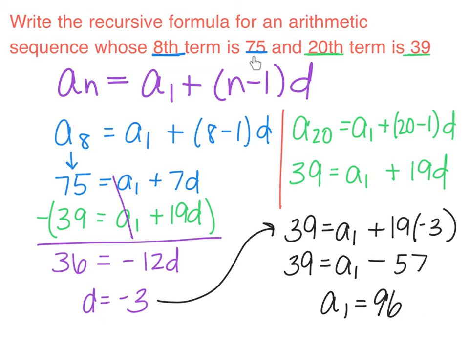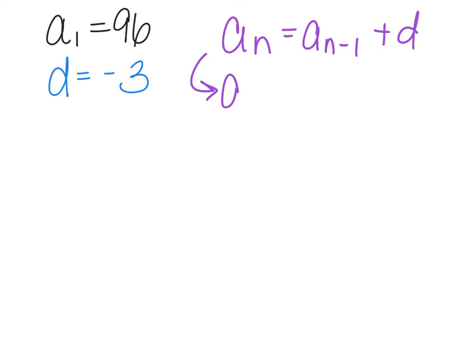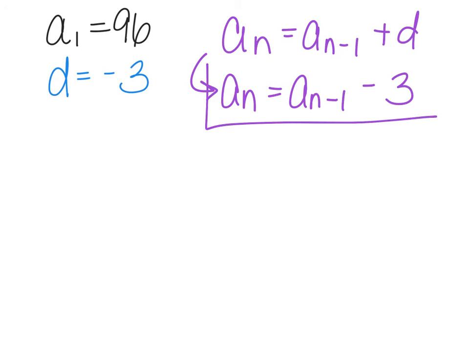Hence why the 8th term and the 20th term are decreasing as we get further along in the sequence. So remember I was asked to write the recursive formula for this. If I recall the formula for that, it's a base n equals a base n minus 1 plus d. So really the way I would express this, keeping my n's in there, is the recursive.